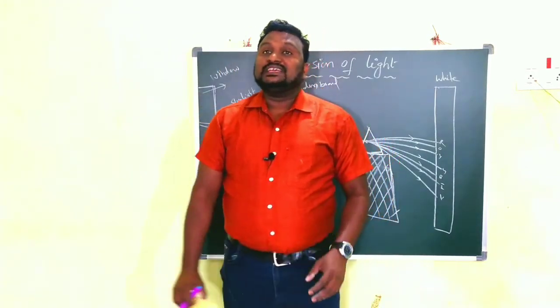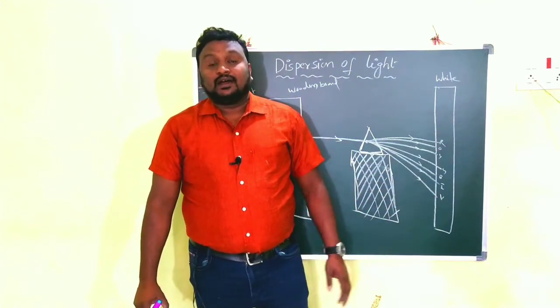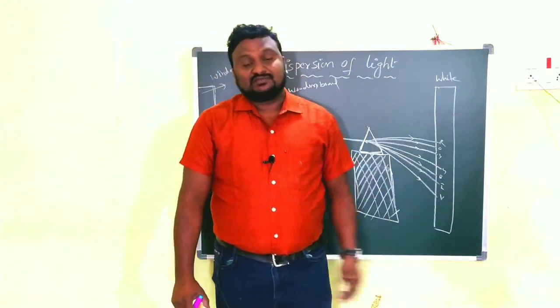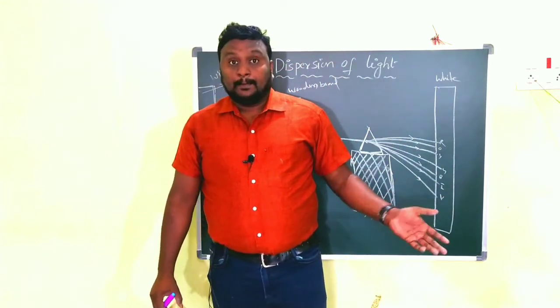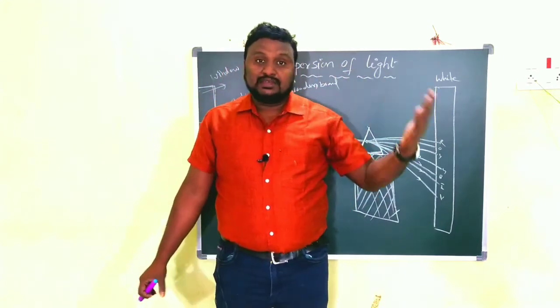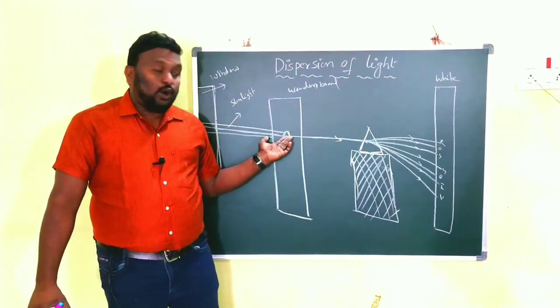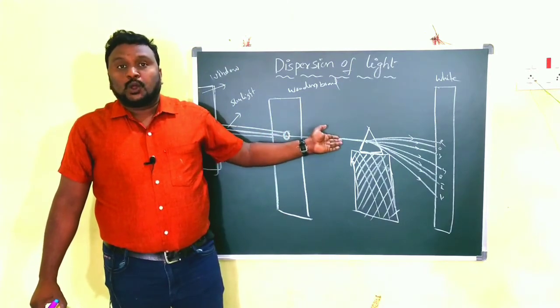Then only you can easily identify how many colors are forming on the white paper, or simply the spectrum of colors. Clear? You have to perform the experiment in a dark room, but you have to open the window, and the light coming from the window should pass through the hole, after which it becomes a narrow beam of light.